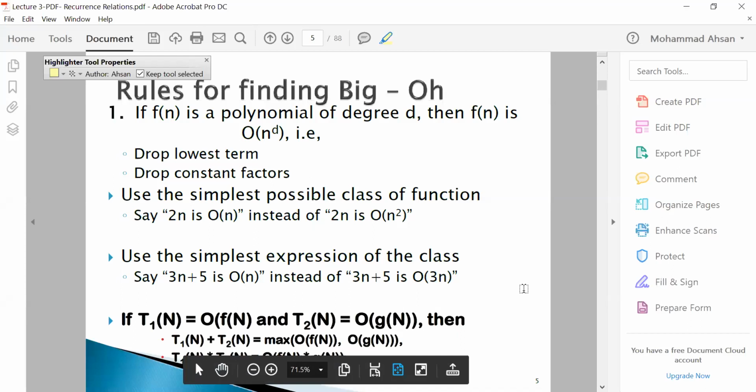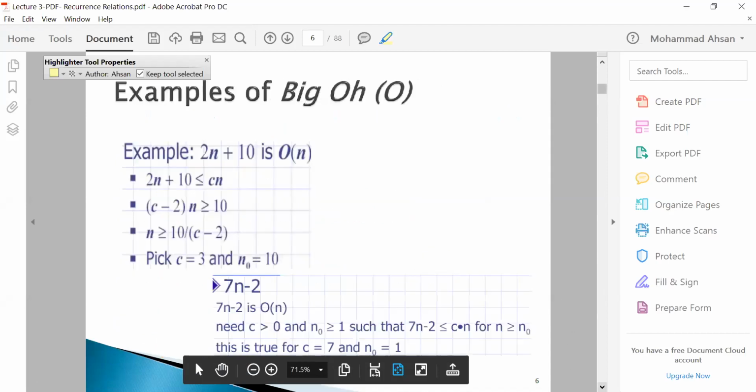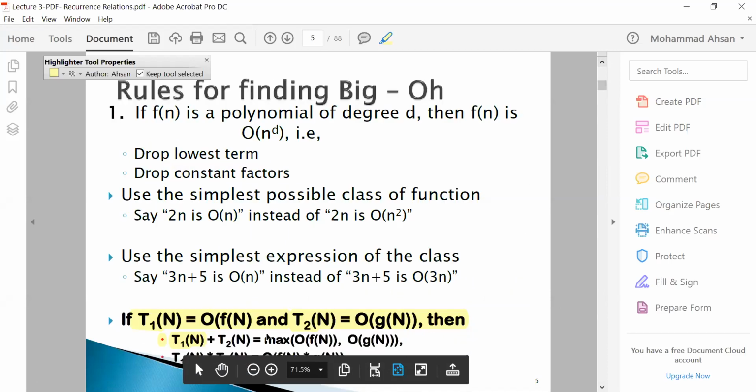So again, you have another property, which I have highlighted here in bold. It says if a function t1(n) is O of f(n) and another function t2(n) is O of g(n), then if you add the two functions together, t1(n) plus t2(n), the overall runtime will be the maximum of the two.